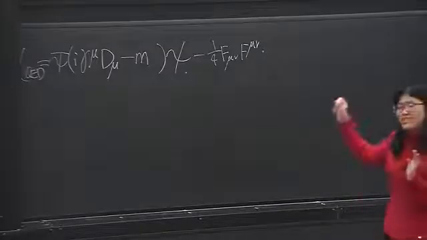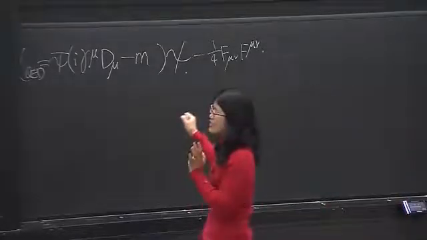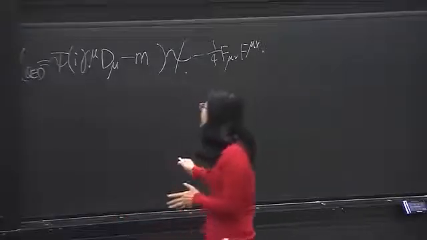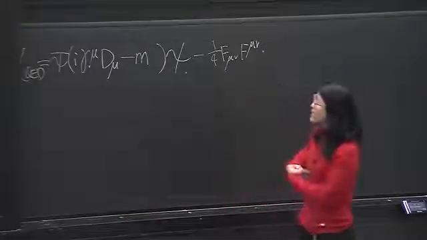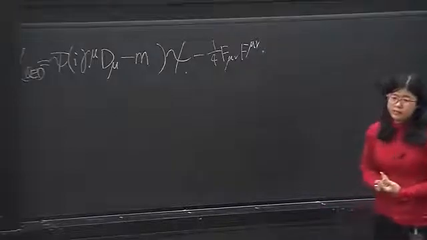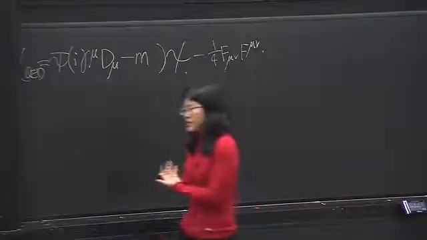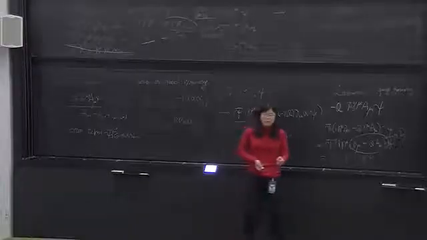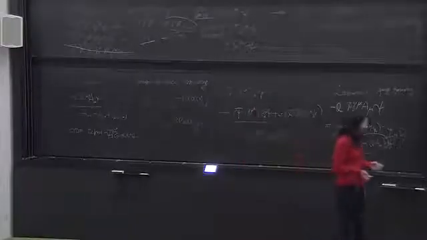It's the electric charge density, and q is the electric charge of the fermion. So this tells us different species of fermion interact with the photon differently. It depends on their charge, which is true in our world, which is good.